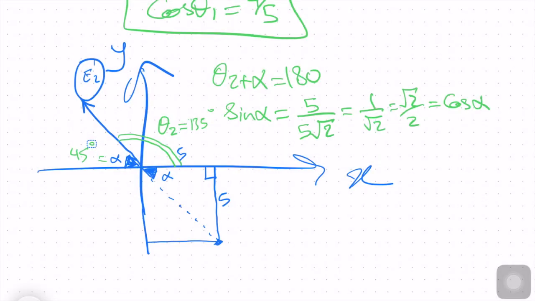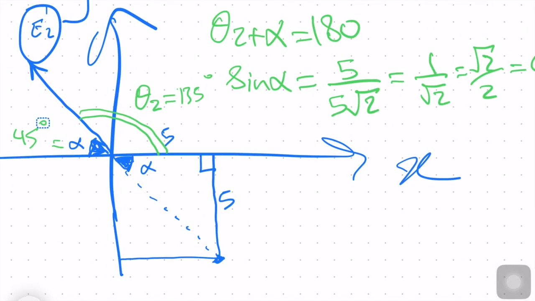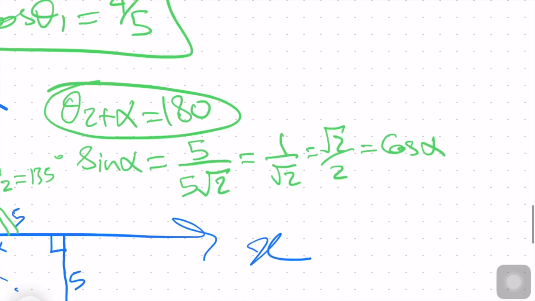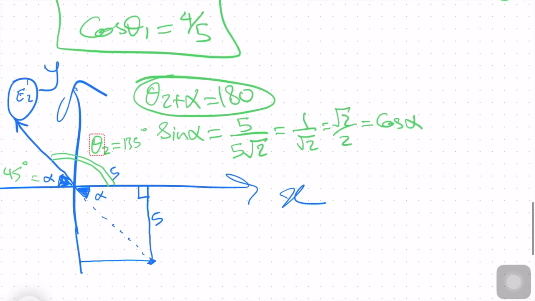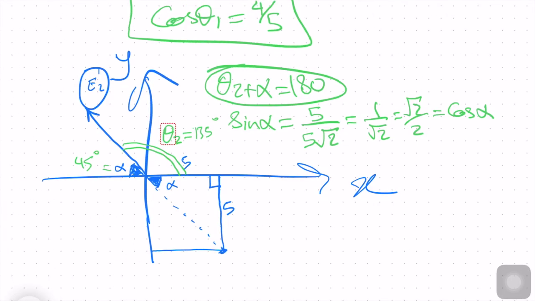Now again, you don't really need to actually calculate these angles, because all you really care about is that they have this relationship, and whenever they have that relationship, their sines are equal, but their cosines have a relative minus sign.